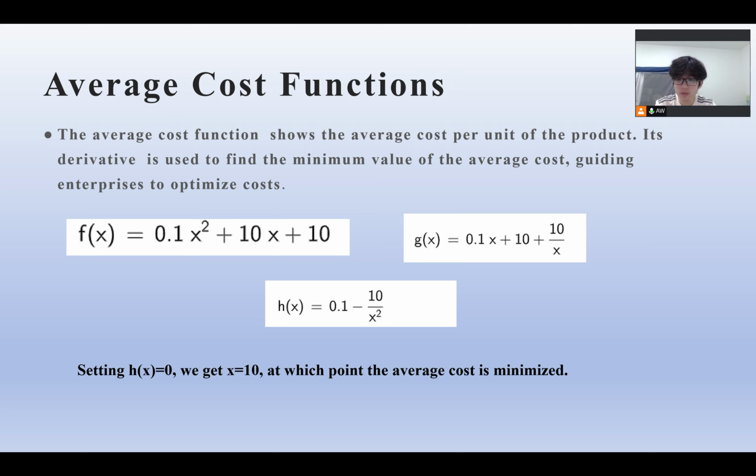So for example, f(x) is this one, and g(x) is f(x) over x, which is 0.1x plus 10 over x, and its derivative h(x) equals 0.1 minus 10 over x squared. So setting h(x) equals 0, we get x equals 10, at which point the average cost is minimized.